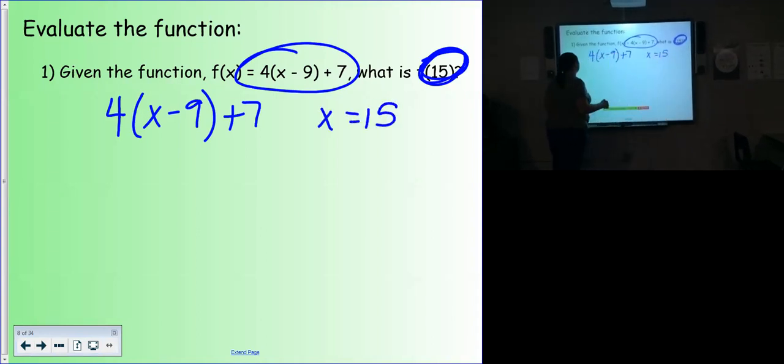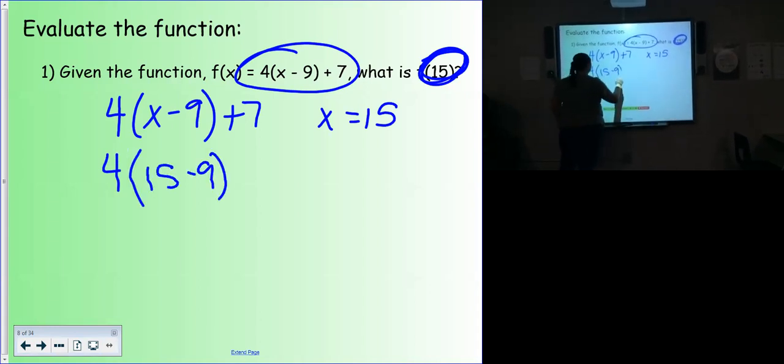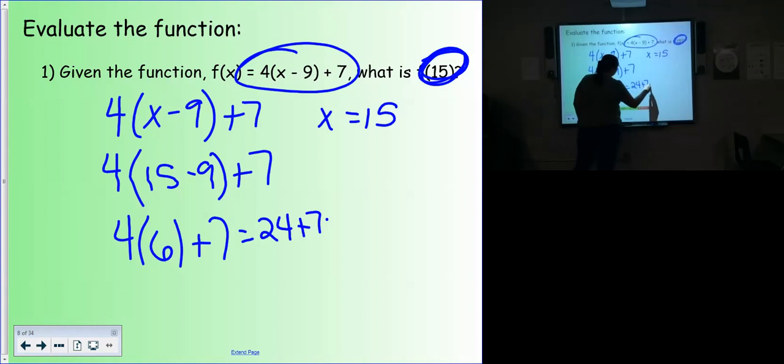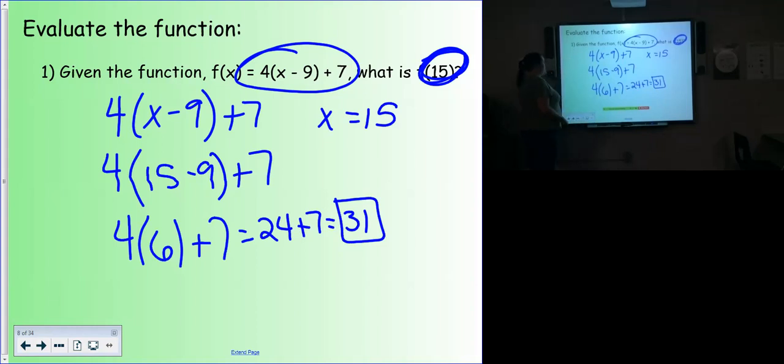So that's what I'm going to plug in. 4 times 15 minus 9 plus 7. 4 times 15 minus 9 is 6. Plus 7. 4 times 6 is 24 plus 7. And 24 plus 7 is 31. And that's how you evaluate functions again.